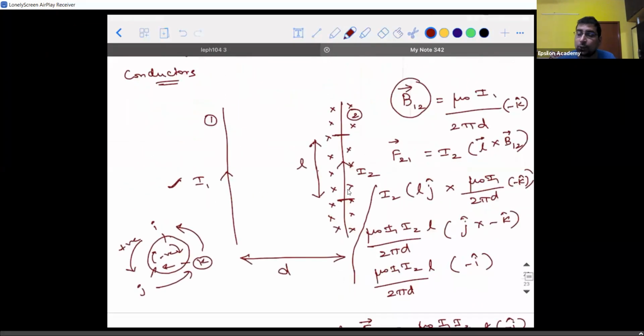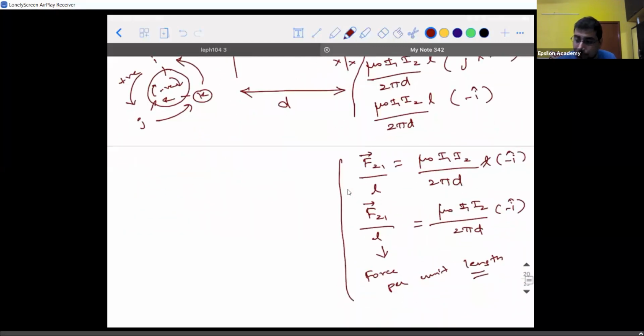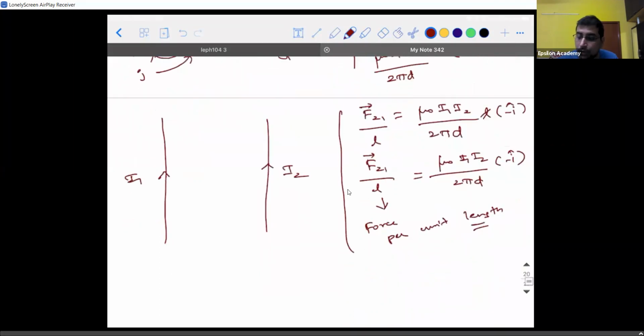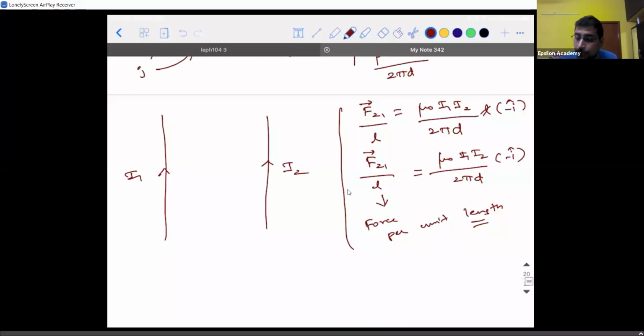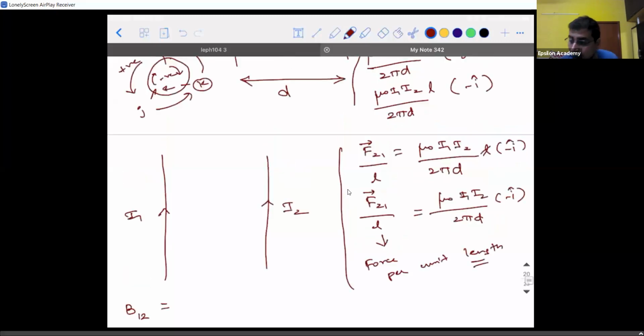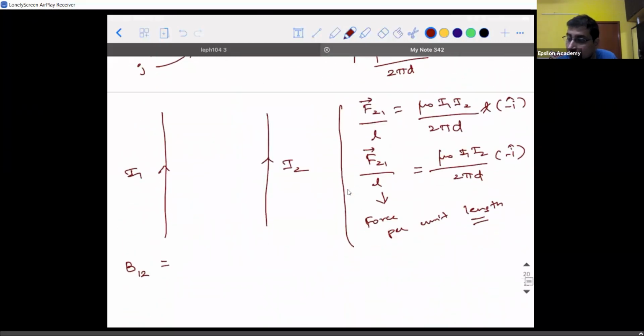Now the vice versa will also happen, right? So due to I2, there will be a magnetic field at I1. So what is the value of B21?